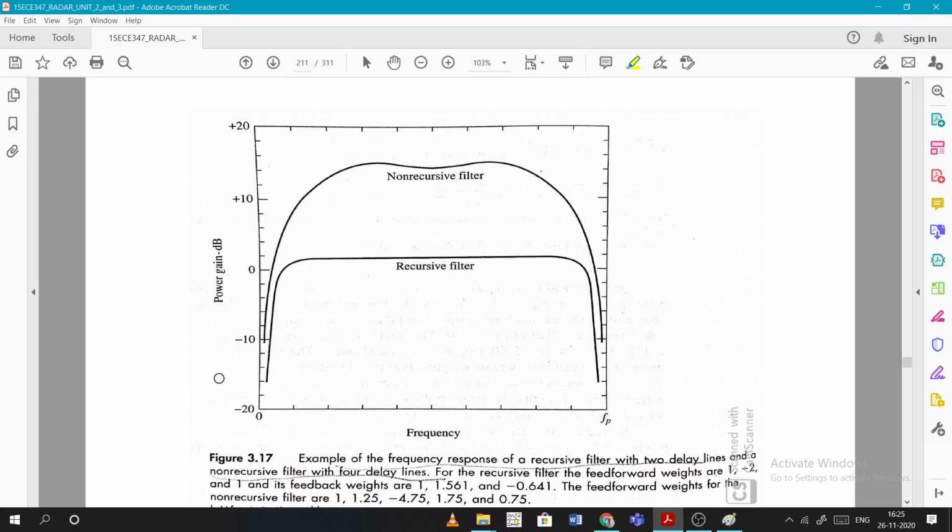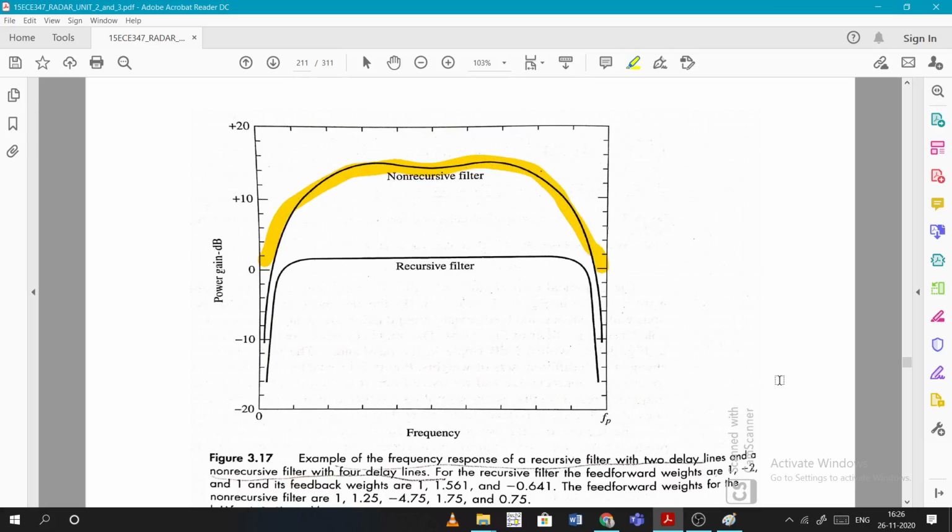A recursive filter has feed forward and feedback. For the recursive filter, they have given the values of feed forward weights as 1, -2 and 1, and its feedback weights are 1, 1.561 and -0.641. That is for this graph.